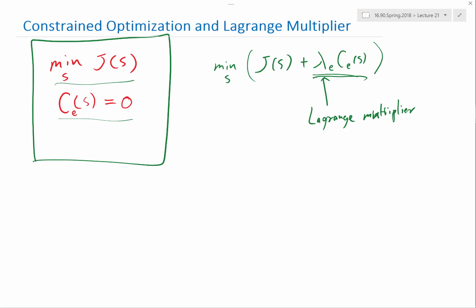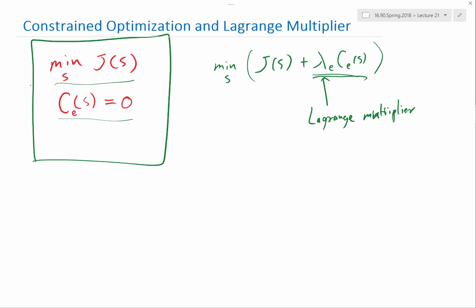But do I always, so the question is, can I obtain a specific value of the lambda E such that if I'm solving the constraint minimization problem, then I'm also solving the new optimization problem with the Lagrange multiplier and vice versa?